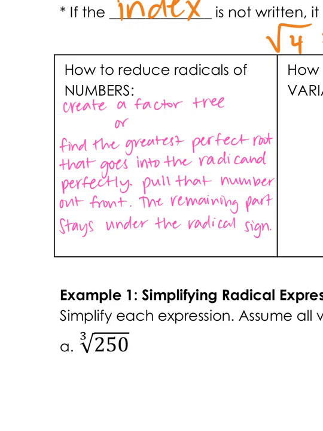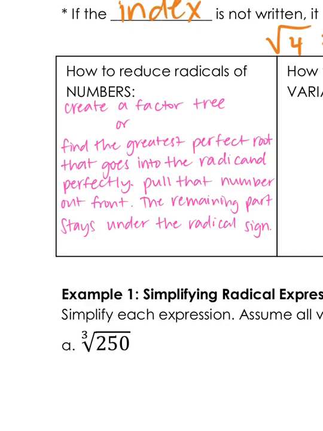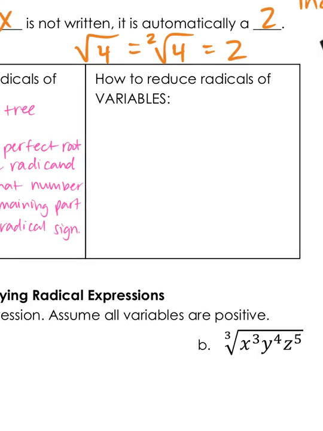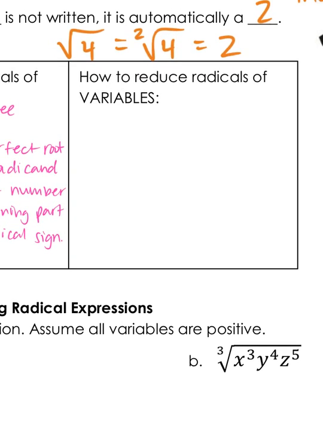All right, and we'll kind of look at what that means in some of the examples. All right, for how to reduce the radicals of variables, what we want to do is divide the exponent by the index. That number gets pulled out front.